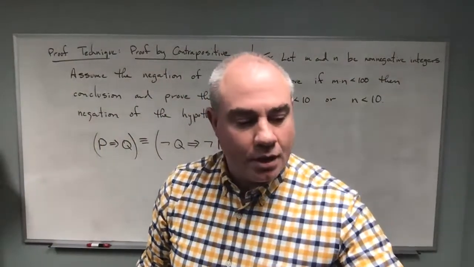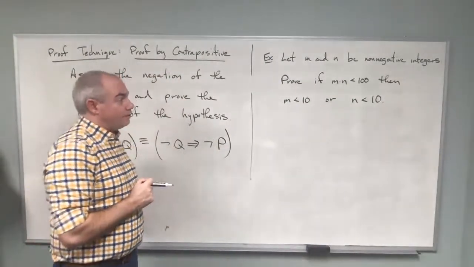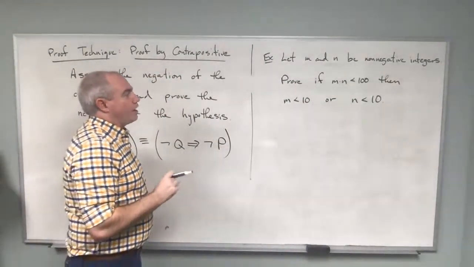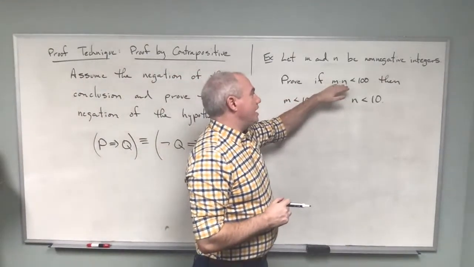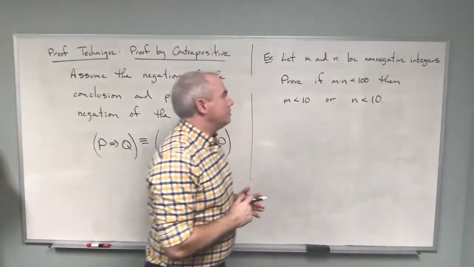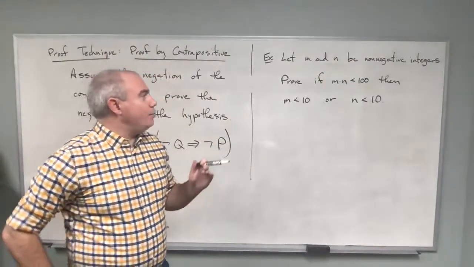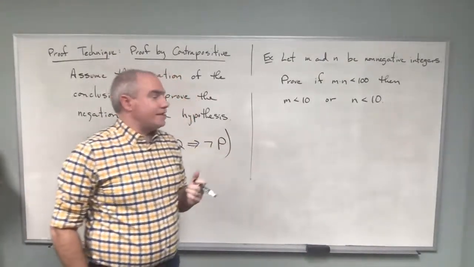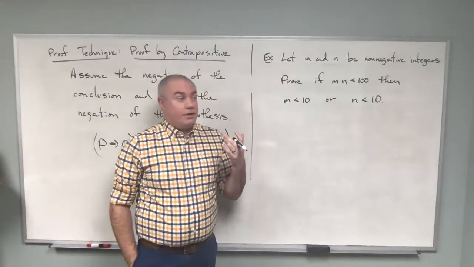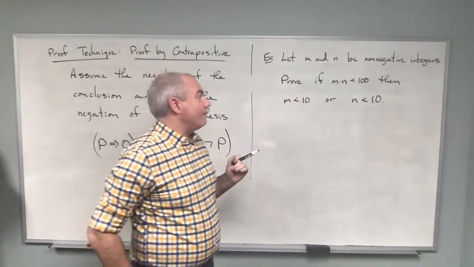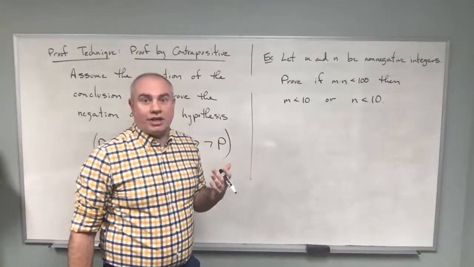Now, what I think is challenging here is that if you were to try to prove this directly, you would get to assume that M times N is less than 100, and that's it. Then you have to prove that one of the two is less than 10, which intuitively seems obvious to us, but to prove it directly is actually very challenging.